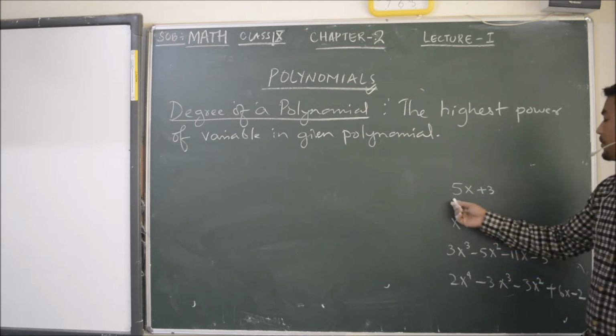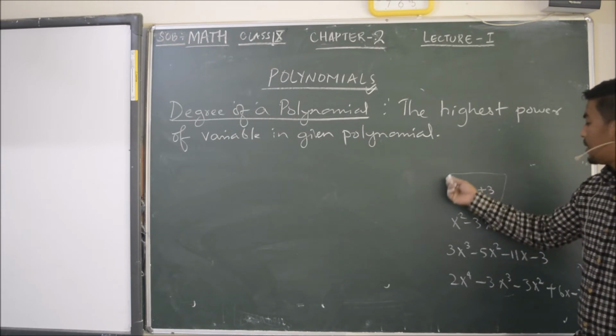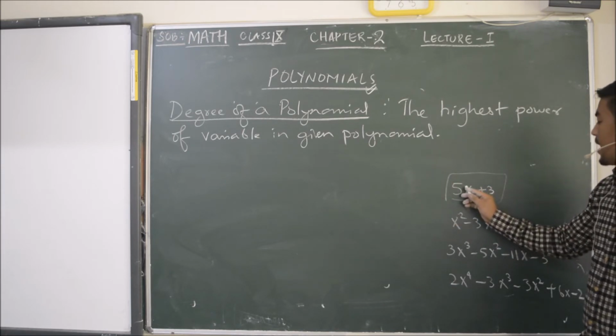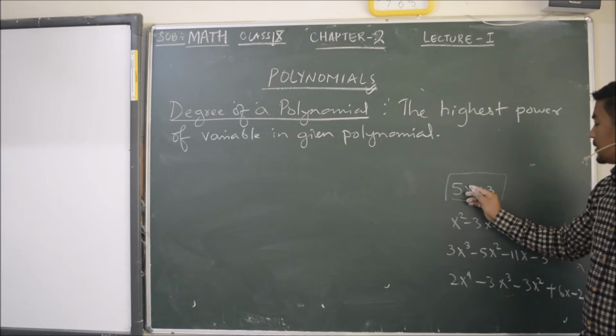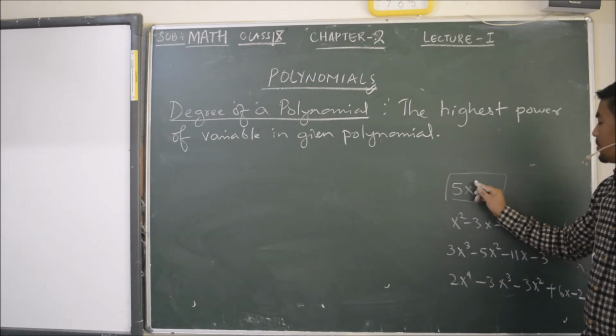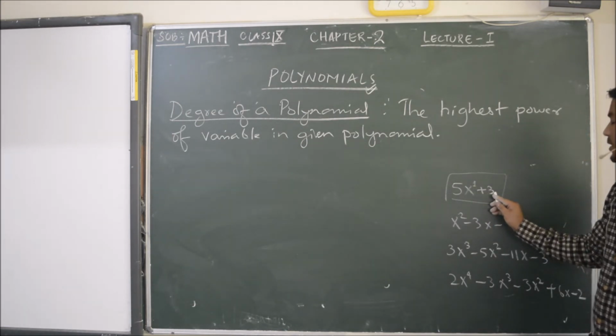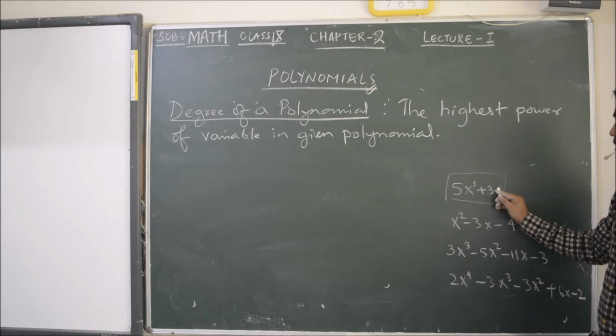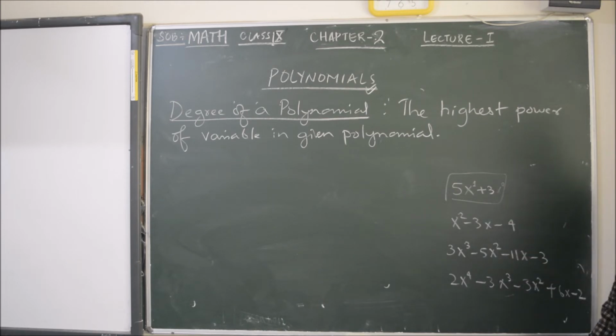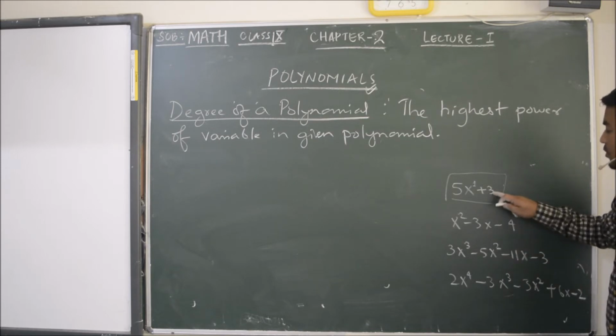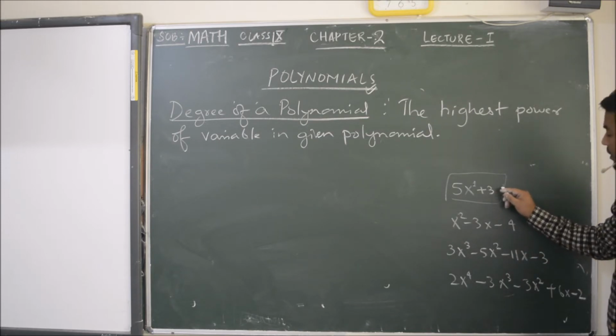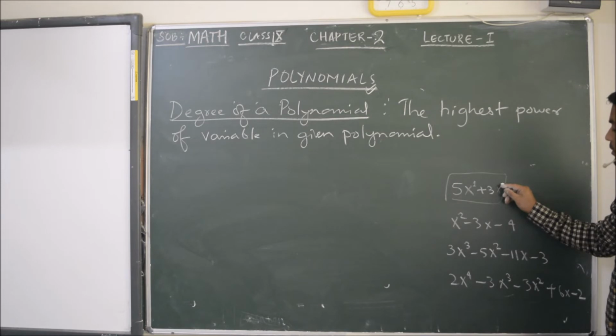Now let's see the first one. Here we have x one time, so your power of x is 1. There is no x here, so you can assume the power of x is 0. Remember, if there is a number only, with no x term, you can assume x power 0.